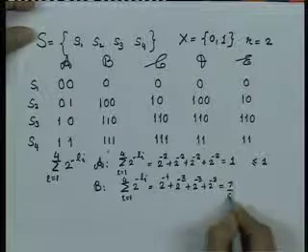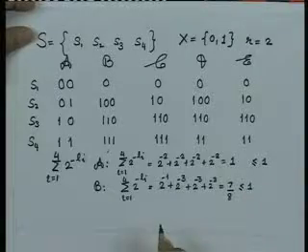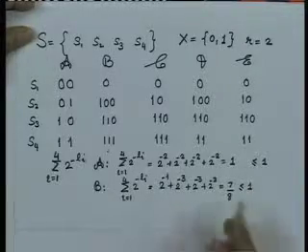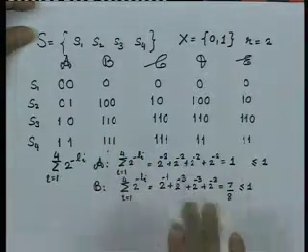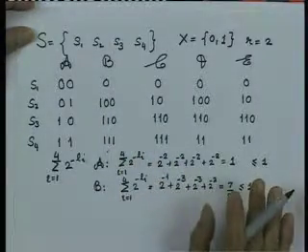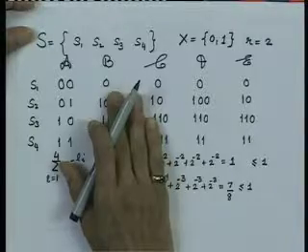This turns out to be 7 by 8, and again this is less than or equal to 1. So it says that code word lengths of 1, 3, 3, 3 are acceptable for an instantaneous code. Again, if we examine the code words of this code, you will find that they are instantaneous.